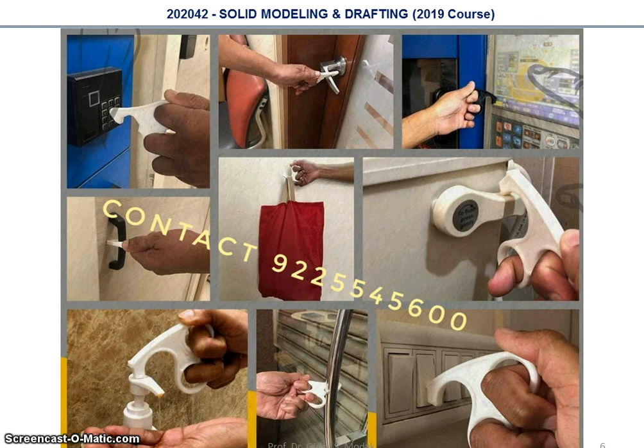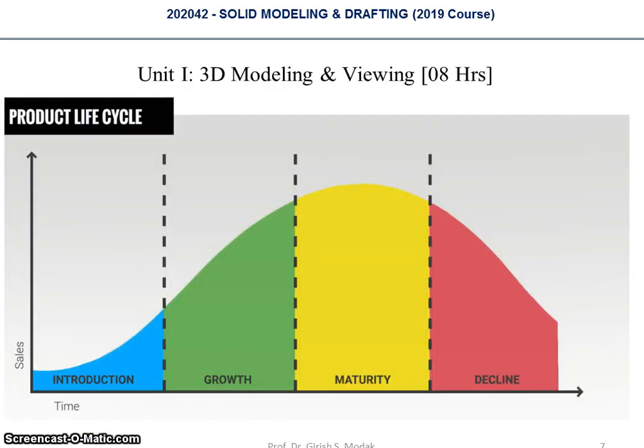Then it was manufactured, it came into the market, it reached its peak. There were many companies, or various sources, manufacturing masks. It reached a peak, and when the COVID situation is gone, masks are also almost out of the market. So any product passes through a certain cycle which is called product life cycle.